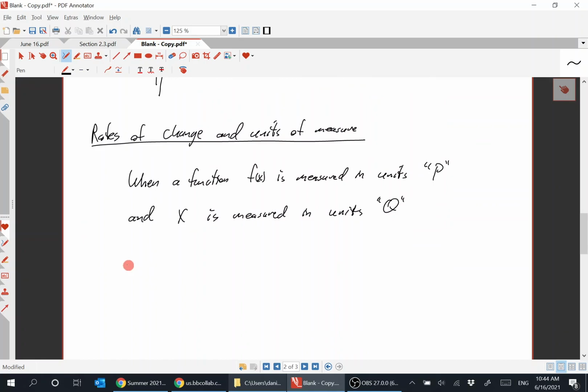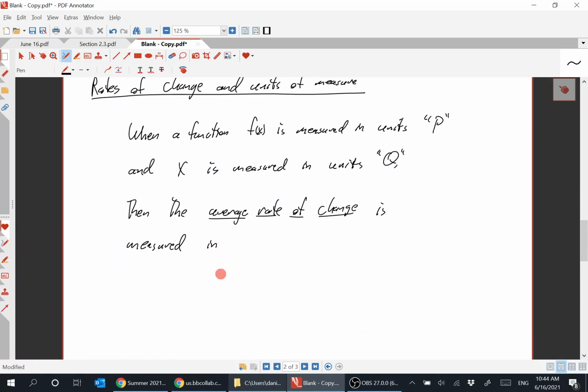The average rate of change is measured in, well, what is the average rate of change? It's f of b minus f of a over b minus a.